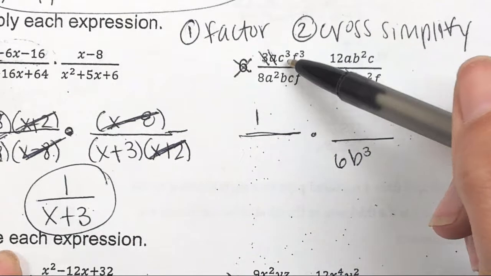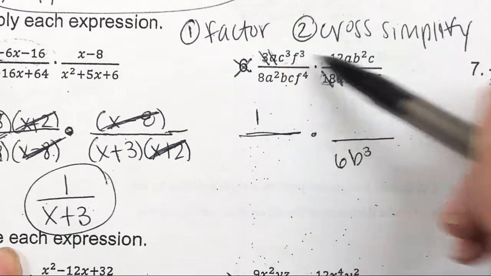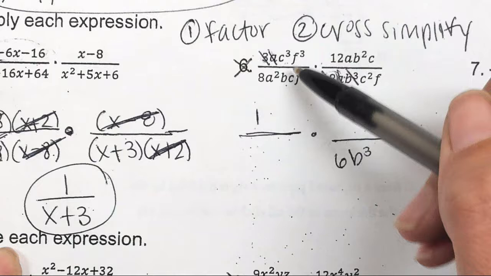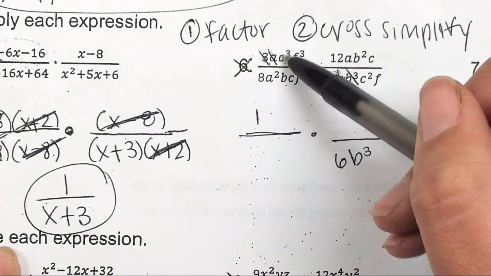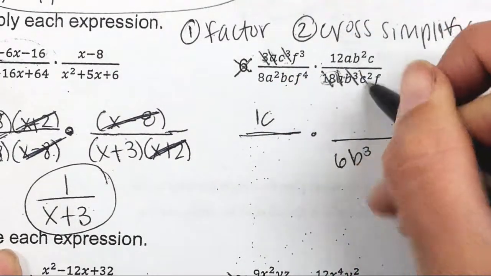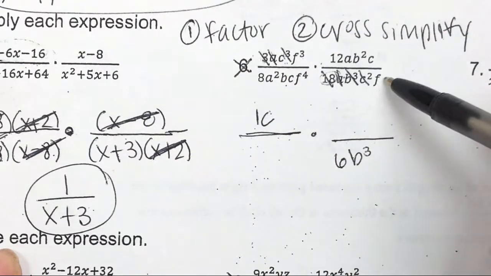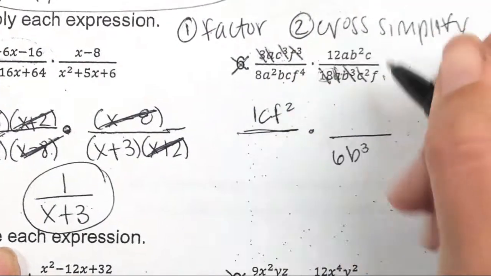Alright, the C squared, I have a C cubed up here, C squared down here. So when I subtract the exponents, because we're dividing, 3 minus 2 will give me 1c, and it'll go where the bigger exponent is, which is up top. So right here, 3 minus this 1 would give me f squared, and the 3 is the bigger exponent, so that's where the f squared will end up.